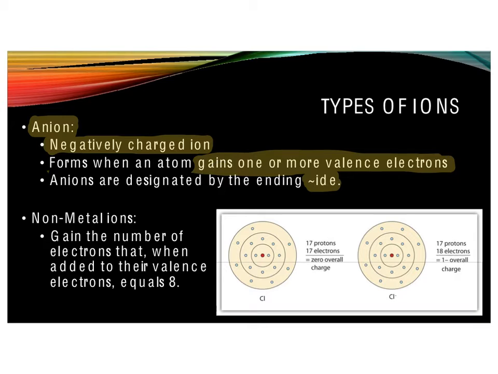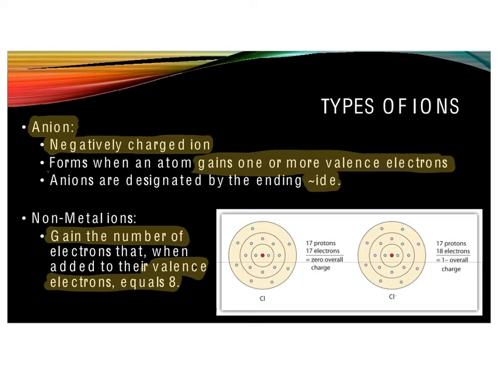We had to go oxygen became oxide, chlorine became chloride, sulfur became sulfide. We had all that fun little switching of the ending. Well, this "ide" means we're dealing with an anion or a negative ion. And this happens because the nonmetals gain electrons so that they can get that valence electron number of 8.